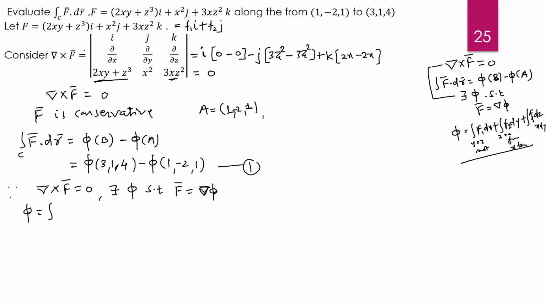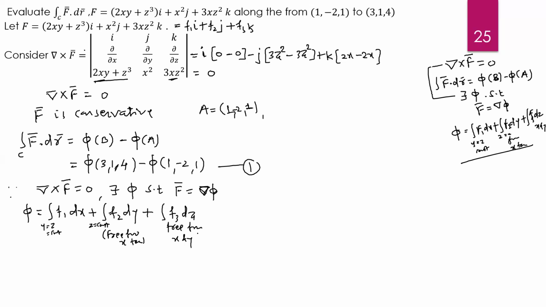Then phi is the integration of F1 with respect to x, here y and z treated as constant, plus integration of F2 with respect to y, here z treated as constant and taking the term not containing x, that is free from x term, plus integration of F3 with respect to z, free from x and y terms, and plus an integration constant.